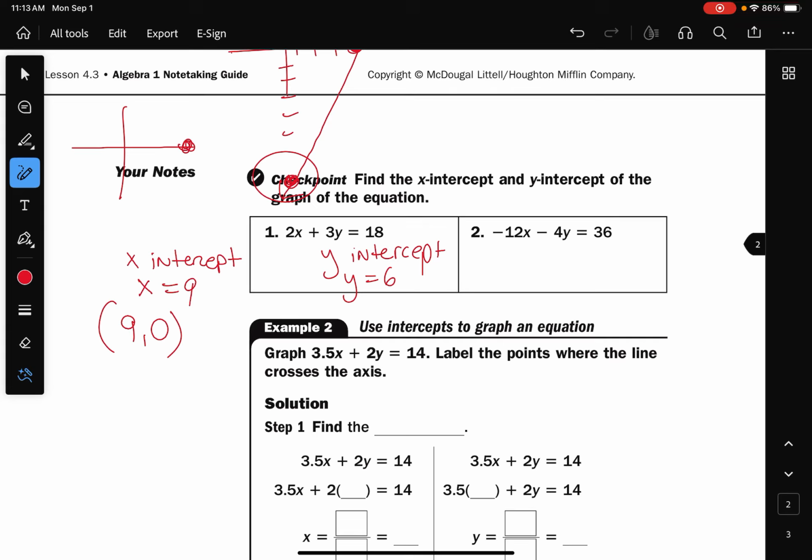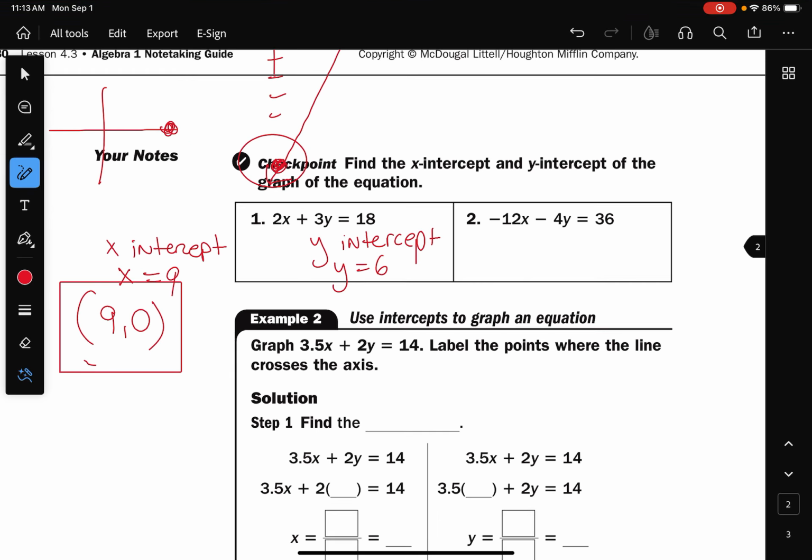You want it as more of a coordinate. So we solved it with x equals 9, but our answer I want as 9, 0. The y-intercept is y equals 6 we found. So then our final answer as a coordinate would be 0, 6. And of course, box or circle your answer.